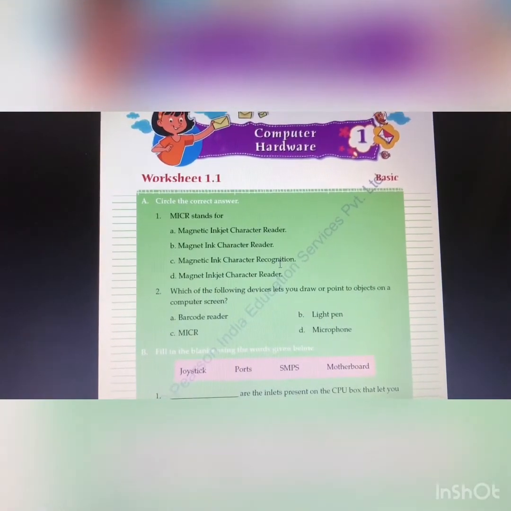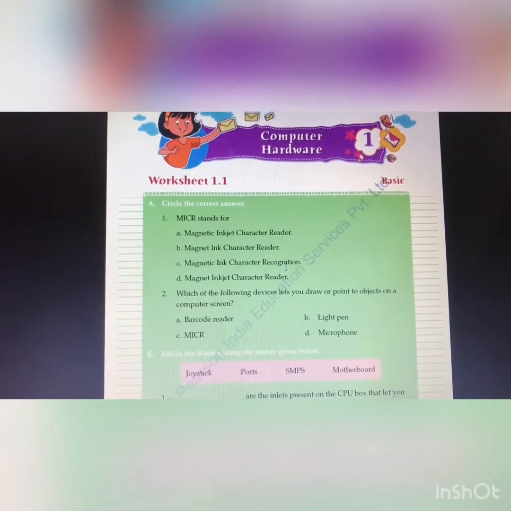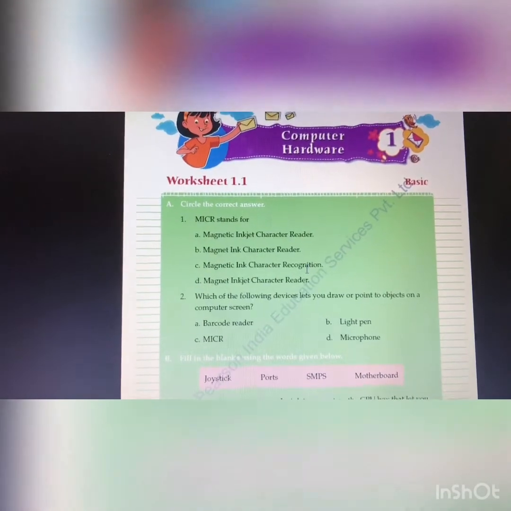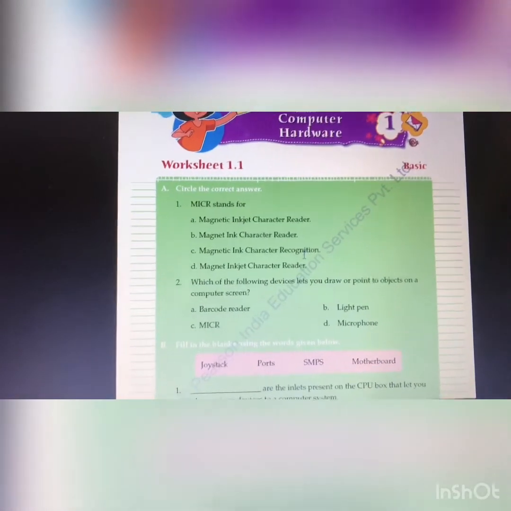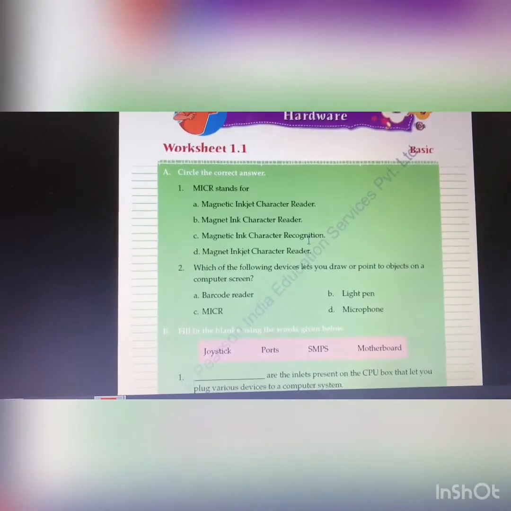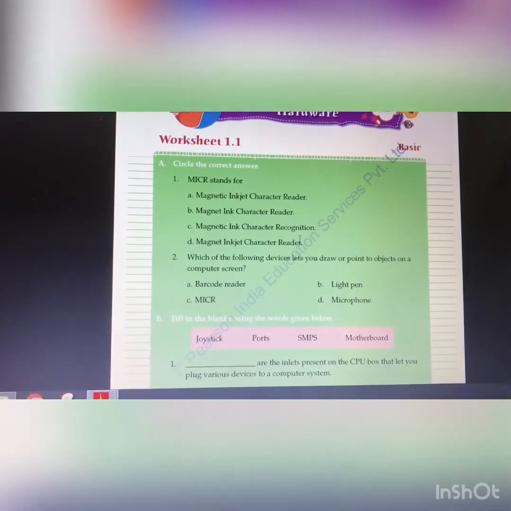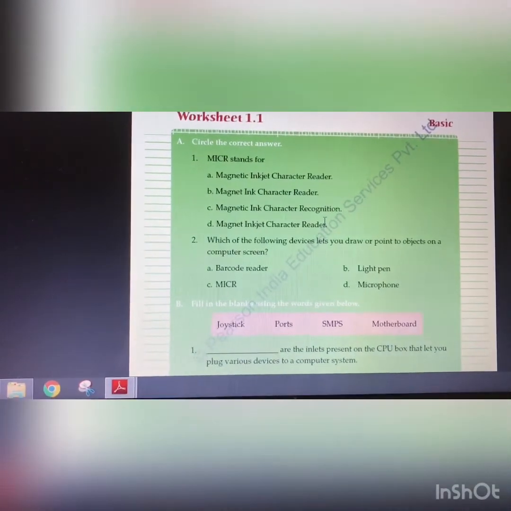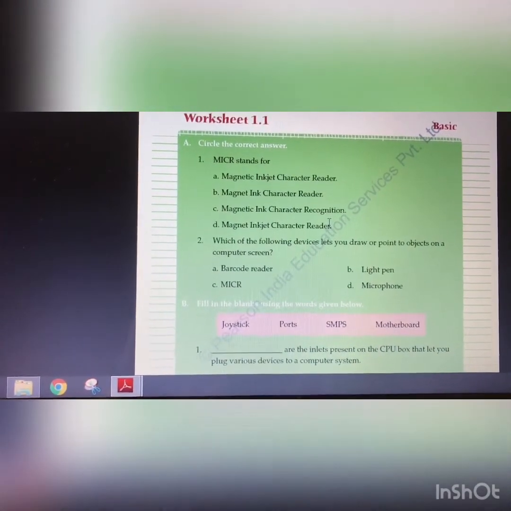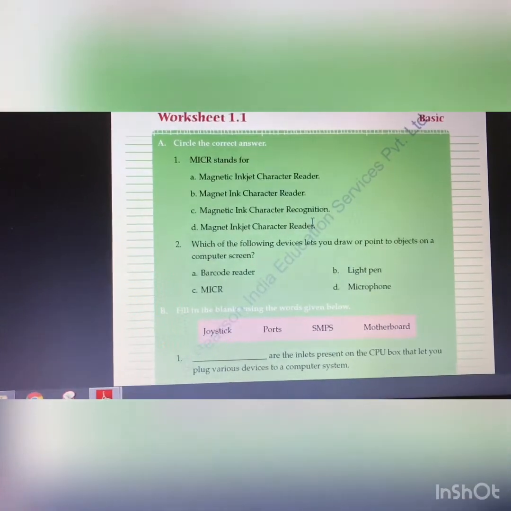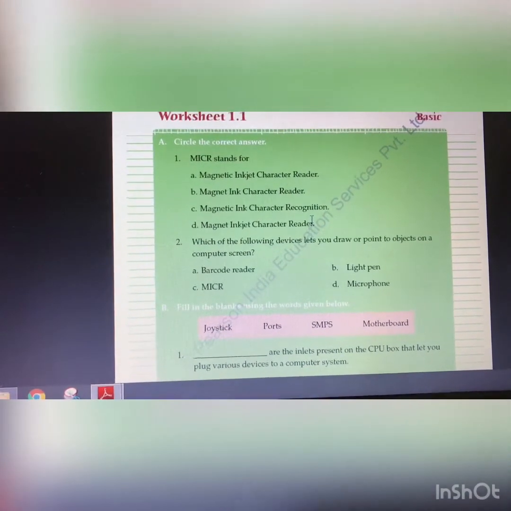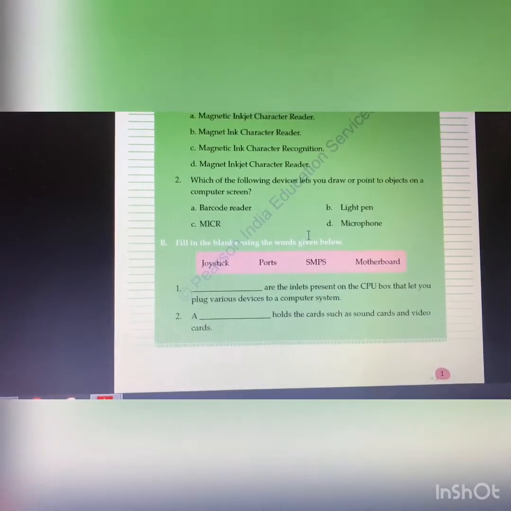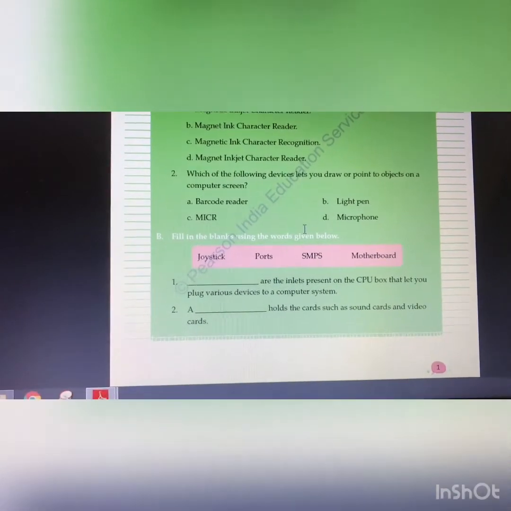So, dear students, now you all have to complete your worksheet, that is worksheet 1.1. Circle the correct answers. First, MICR stands for. Second question, which of the following devices lets you draw or point at an object on a computer screen? Then, fill in the blanks using the words given below.